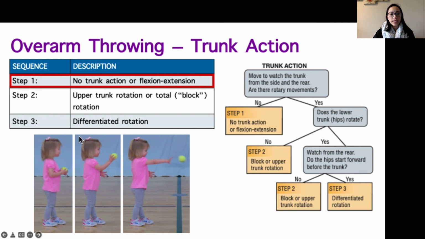That's characteristic of our early overarm throwing. And then sometimes, like I had mentioned before, the thrust of the arm kind of pulls the trunk into passive flexion. Sometimes there might be a little bit of rotation opposite of the movement, but it's not going to be a notable amount of rotation. Okay.